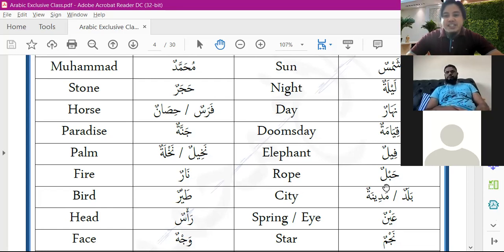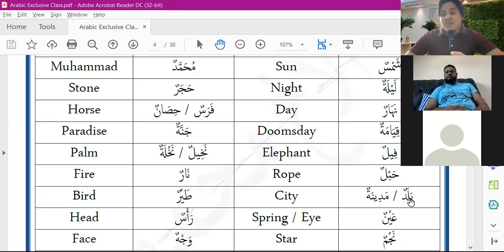Rope in Arabic is hablun. Hablun. So sometimes we make the mistake of changing ha to ja. Jabalun. So jabalun is a mountain. Okay? Ha is a rope. Hablun. Hablun. Okay? Then city.